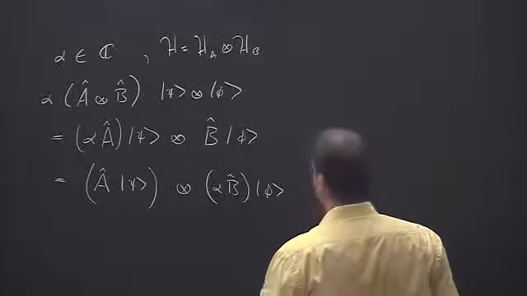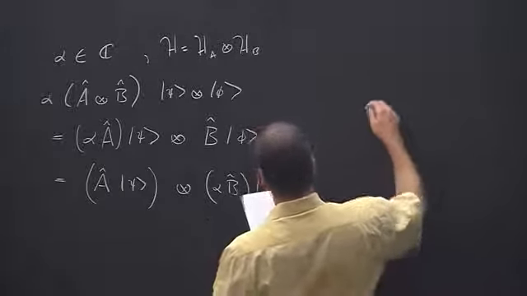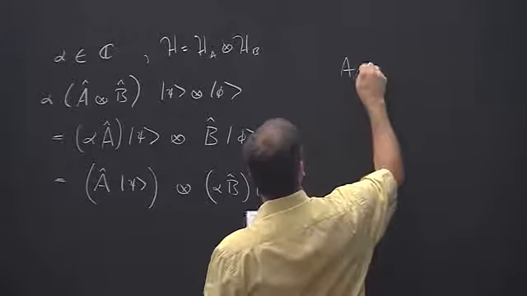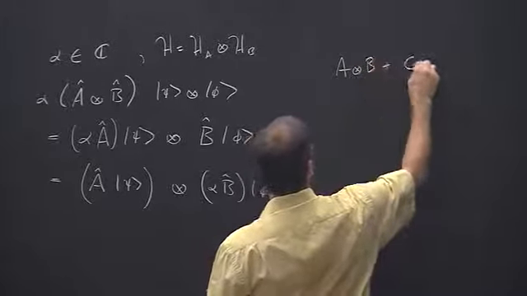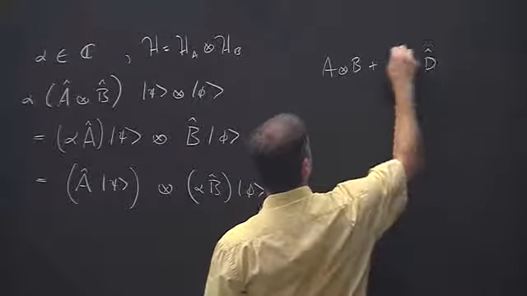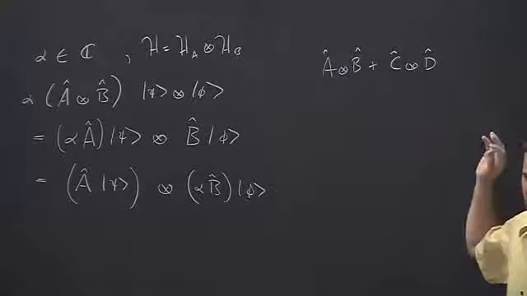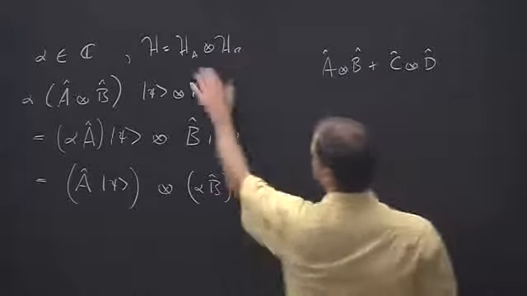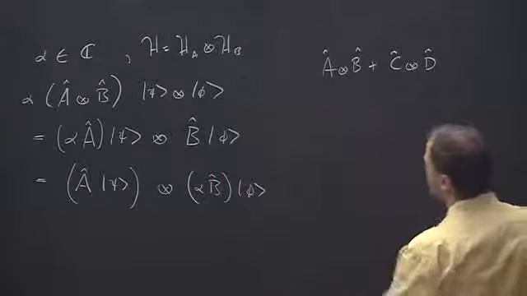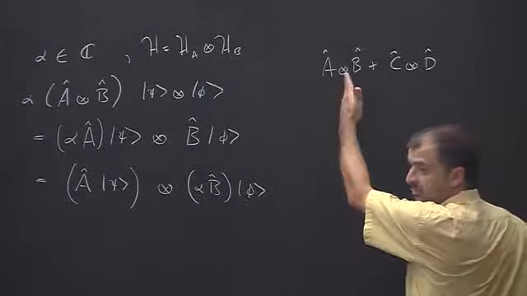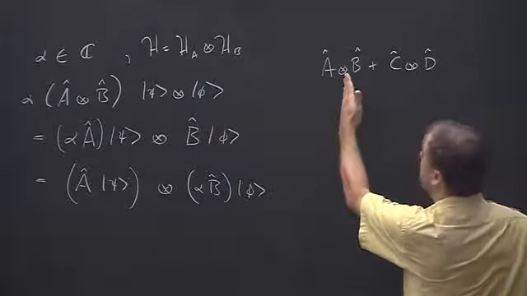Okay, so you have linearity. So if we have A tensor B plus C tensor D, notice there's an implicit ordering, okay? So again, my Hilbert space is HA cross HB. The idea is that the tensor product symbol is a place marker.